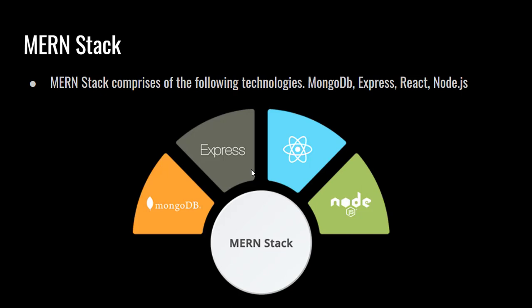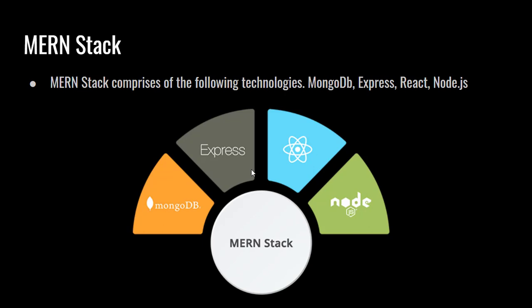The MERN stack is the stack we're going to be looking at, and it comprises the following technologies: MongoDB for the database, Express as that API layer in between that bridges the gap between the database server and exposes that to the world.